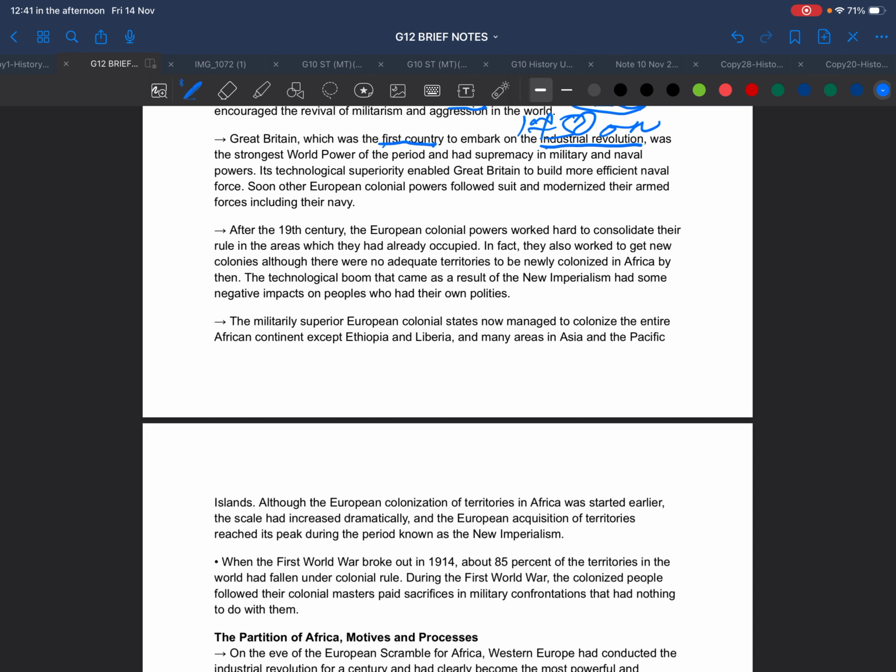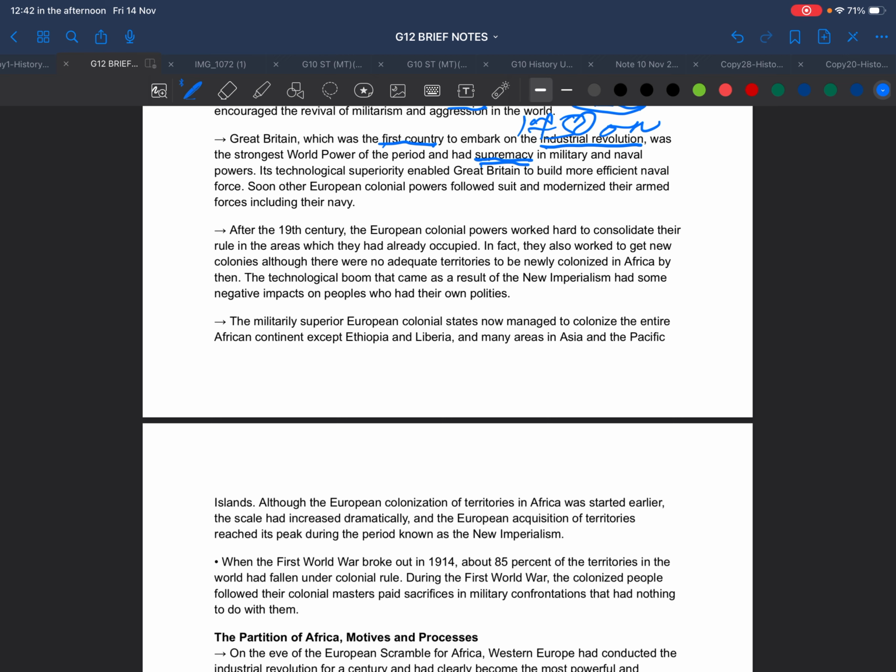She was the starter of the Industrial Revolution. Great Britain was the strongest world power of the period and had supremacy in military and naval power. Supremacy means the top, the best overall. In military and naval power, no other power could compete with Great Britain.